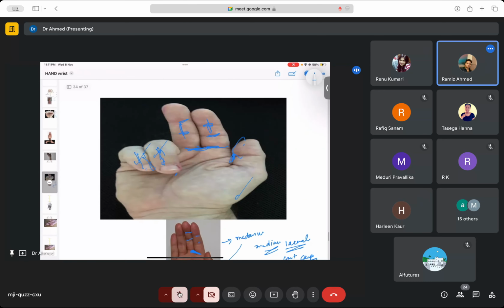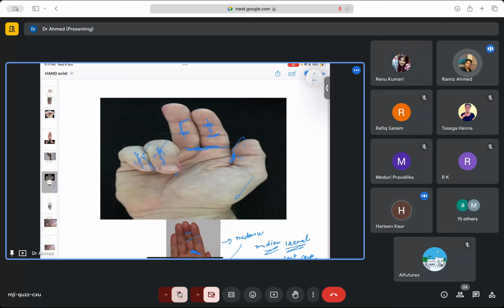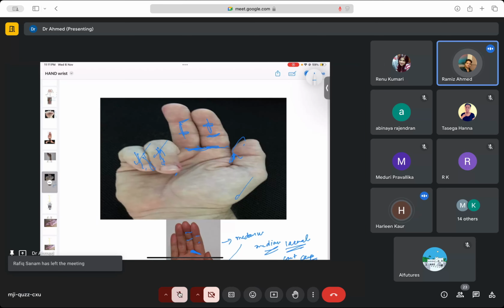If there is a lesion of the median nerve, then the lateral two lumbricals will be gone. So there will be clawing of the two fingers, and the abduction of the thumb will be lost, so it will be adducted.